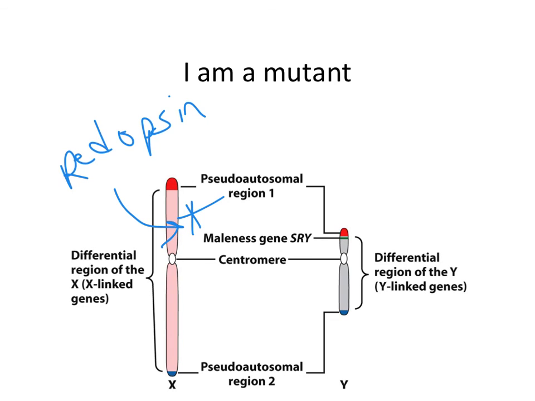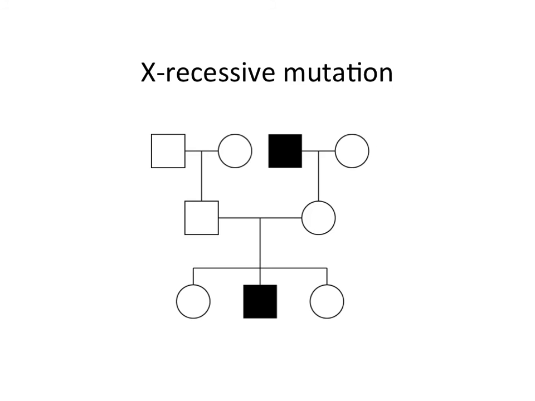Good. Most women have 2 copies of the X chromosome, have 2 copies of the red opsin gene. So if you inherit 1 copy of the mutation, you still have probably normal color vision. But guys, if we inherit that mutant version, because it's X-linked, this is why colorblindness and other mutations are passed from maternal grandparents to their grandsons.